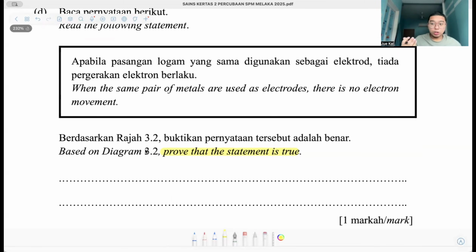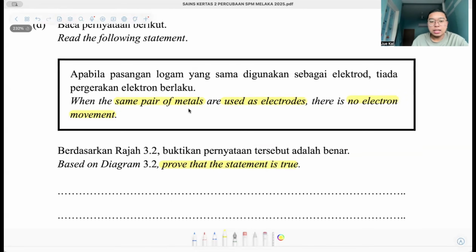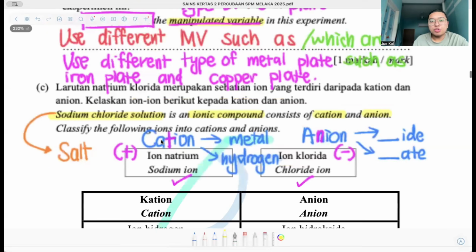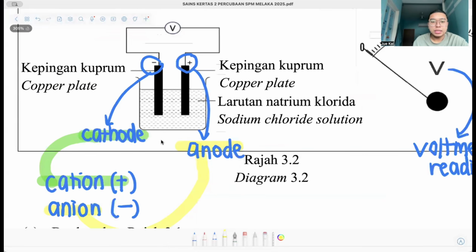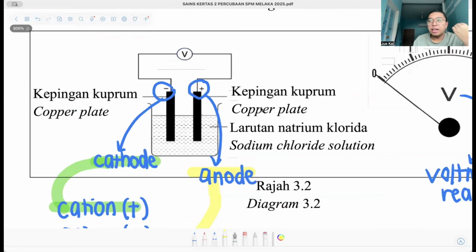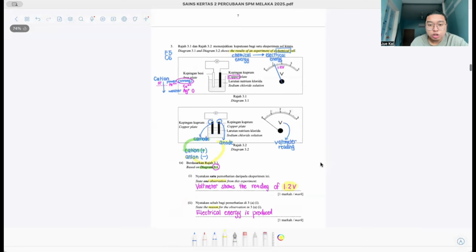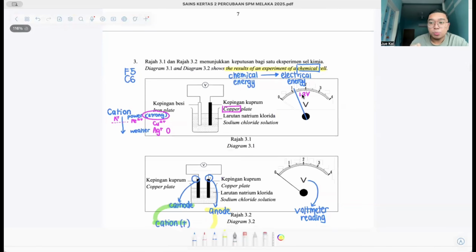When you want to do comparison, before that you need to read the statement here. The statement is: when the same pair of metals are used as electrodes, no electron movement. So let's see, based on diagram 3.2, this one no need to compare already. It says it doesn't have electron movement.